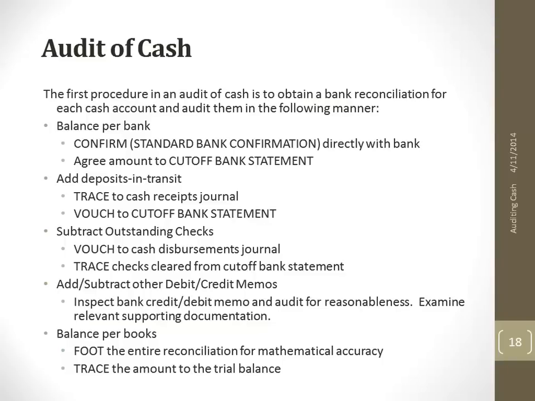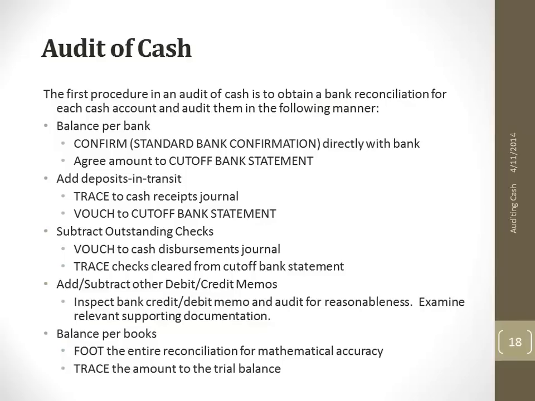You also want to get a cutoff statement, and with the cutoff statement you're looking at the timing, because the cutoff statement is usually after year-end. The cutoff statement will tell you that those reconciling items that were on the year-end bank reconciliation should have cleared. So you shouldn't see those items still on the cutoff statement as a reconciling item.